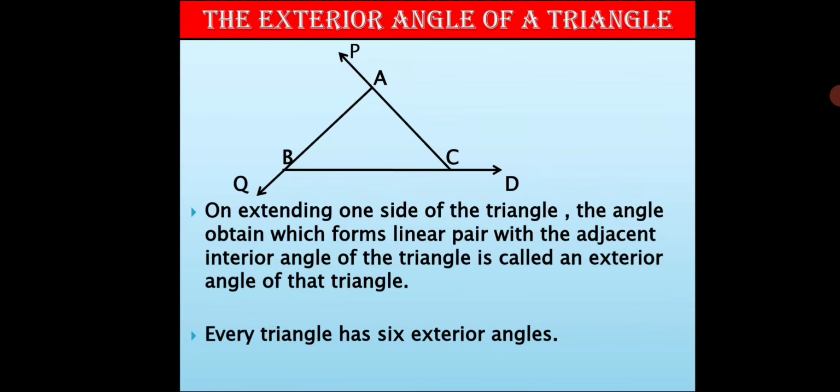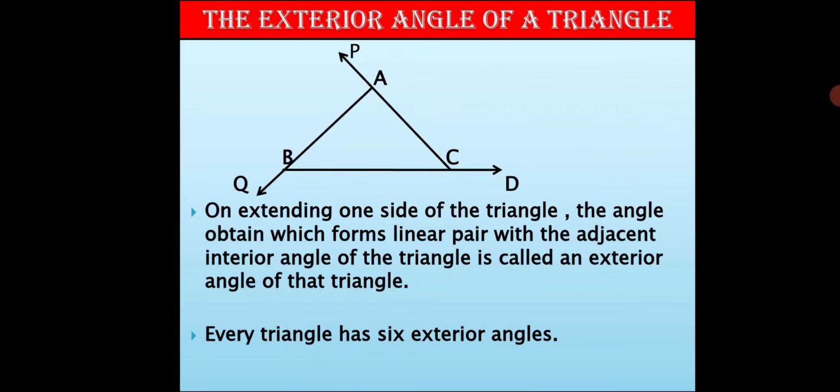By observing the figure, you will get to see here, in this triangle ABC, if the side BC of triangle ABC is extended as shown in the figure, an angle ACD is formed which lies outside the triangle.